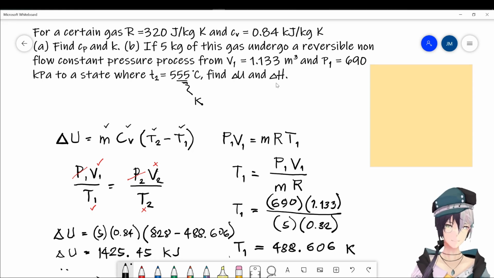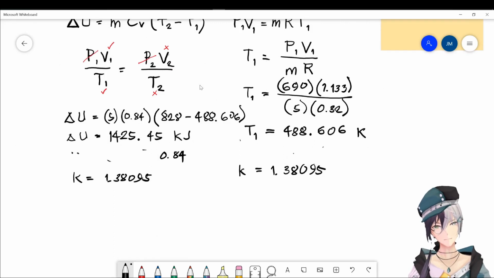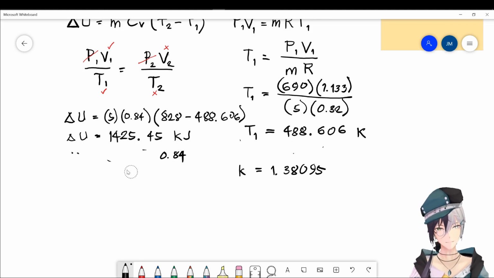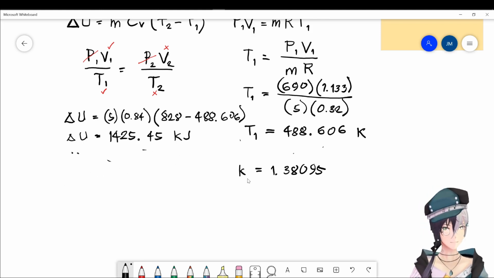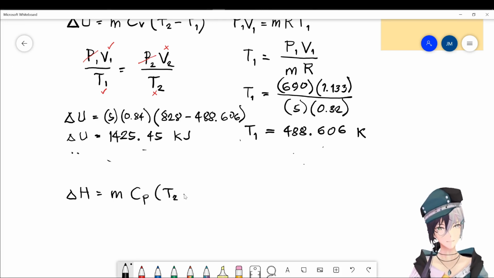For enthalpy, this is now easy. I forgot to erase this part, so let me erase this one. Okay, so for enthalpy, the formula is this one: temperature 2 minus temperature 1.